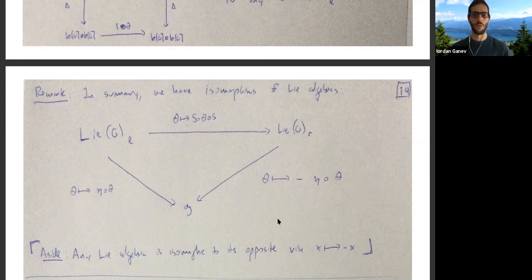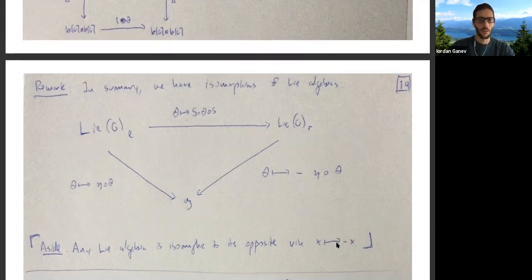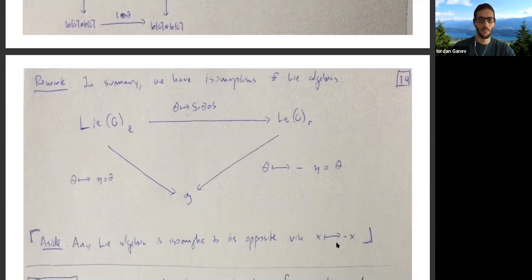The opposite bracket of x and y is the original bracket of y and x, in that order. But it doesn't really change anything because we have this isomorphism. That's the summary of what we've explained so far.